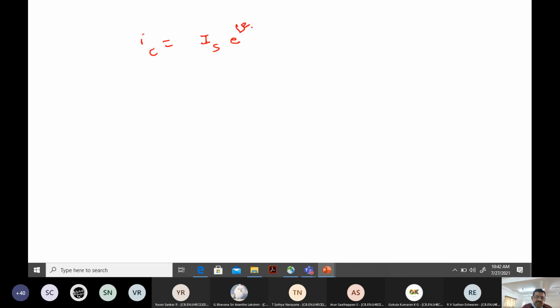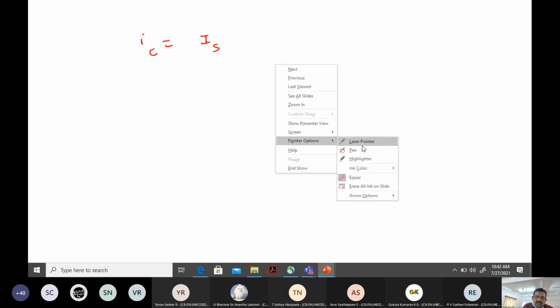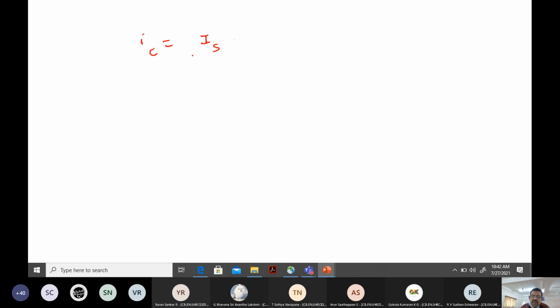This is all dependent on the base emitter voltage, not on the collector. VBE is the potential drop measured across the base emitter junction, where IS is your saturation current.